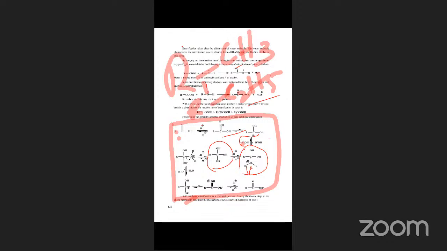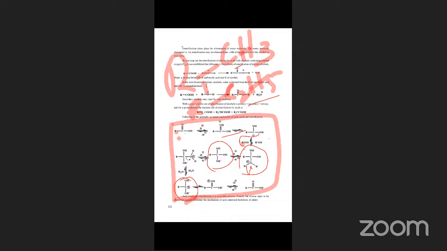Again protonation. And the next step, loss of a water molecule. It gives RC double bond O, RC OH plus OR.